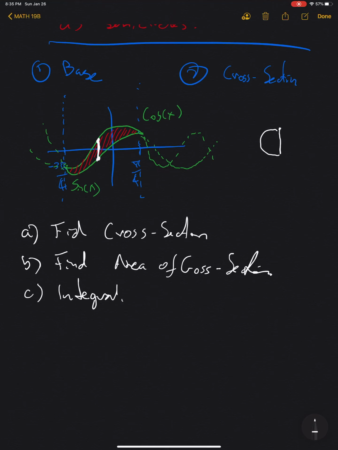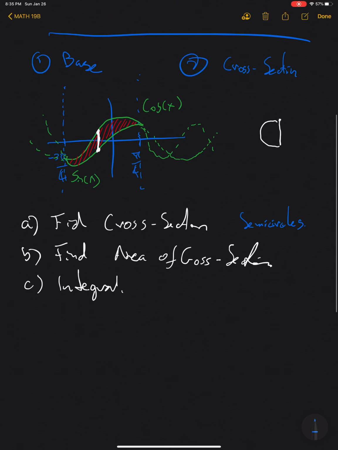The cross sections, as we mentioned, are semicircles. Because we are talking about semicircles, which means half of a circle, the area we're looking for is not pi r squared, but actually pi r squared divided by 2.